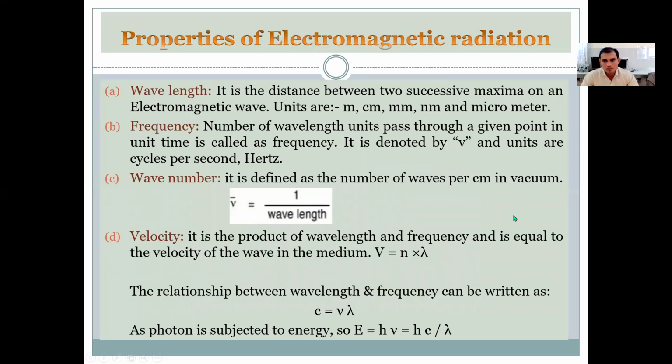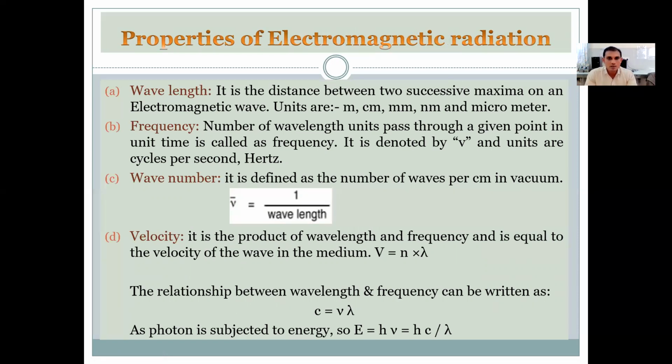Now, what is wavelength? Some terminologies are used for the determination or analysis of compounds. Wavelength is the distance between two successive maxima or two successive minima of an electromagnetic wave. That is called wavelength.